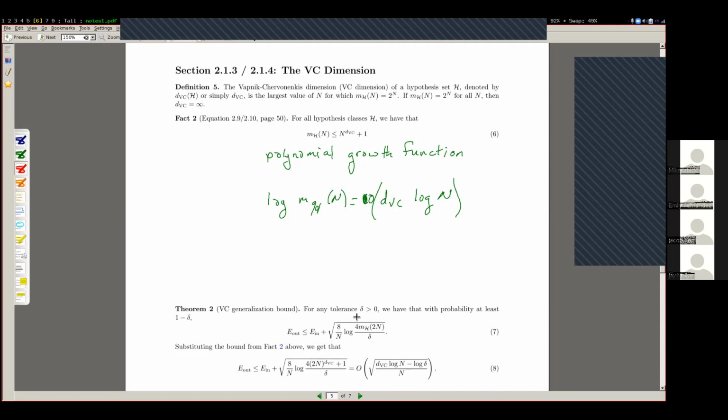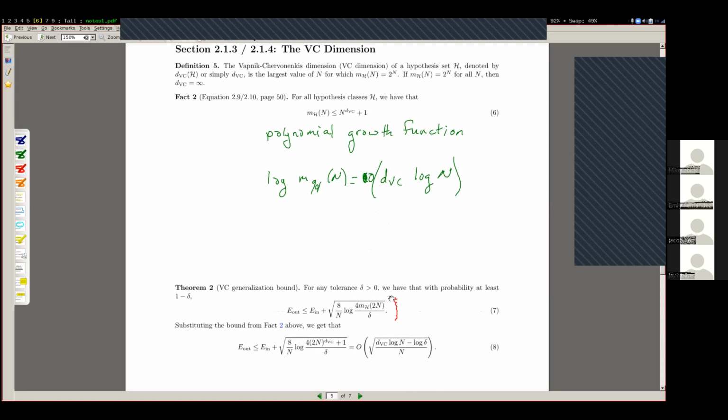The actual VC dimension theorem that they prove in the textbook has this form right down here. It has the same form as our previous generalization theorems for the finite hypothesis class. We've just replaced the M with this m sub H, this effective number of hypotheses, and that's inside the log over here.